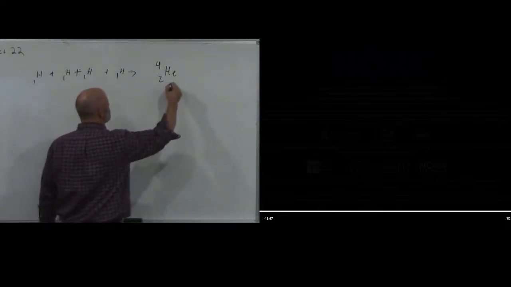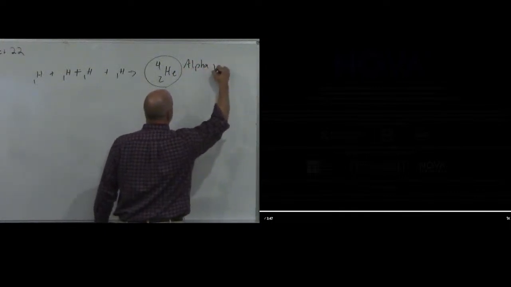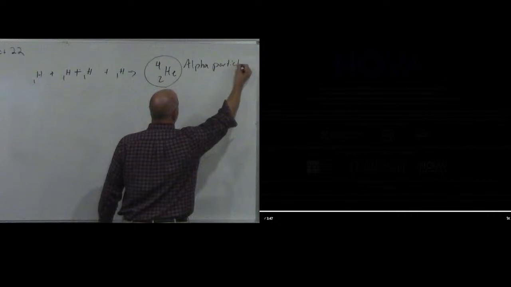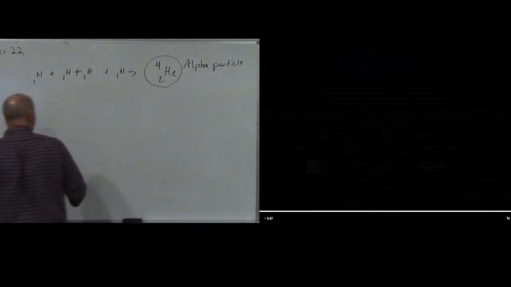This is also referred to as an alpha particle. If you're ever looking at radiation, and they talk about either beta decay, gamma decay, or alpha decay, this is alpha radiation. These are huge particles that are shot out during radioactive processes.